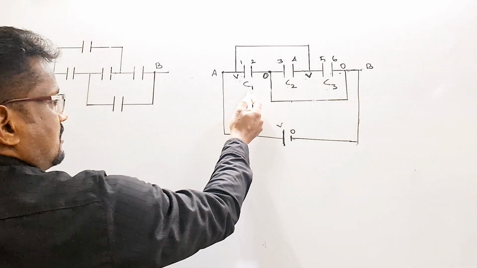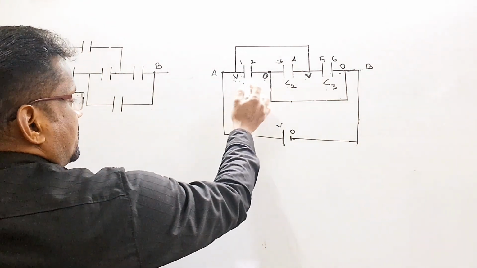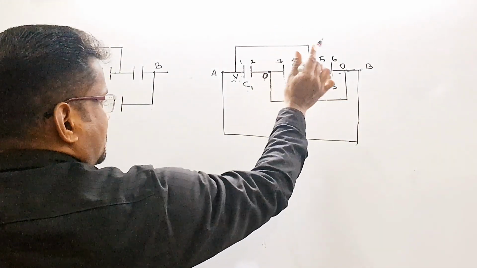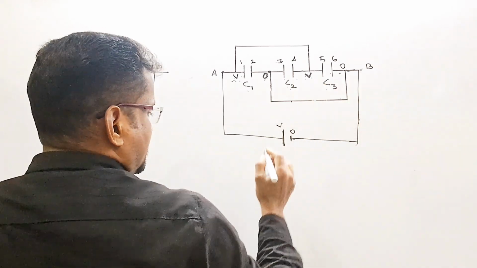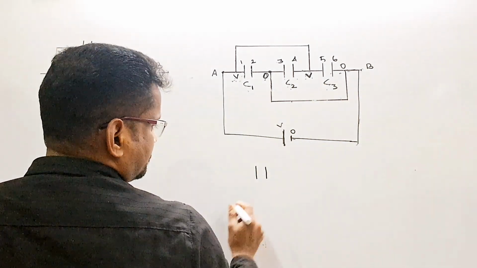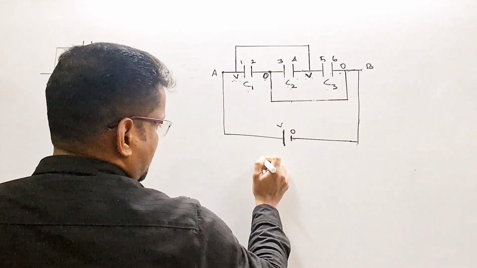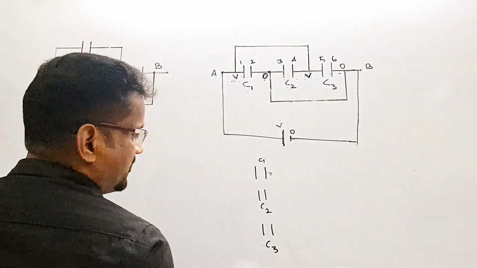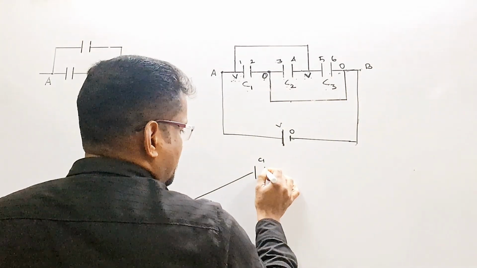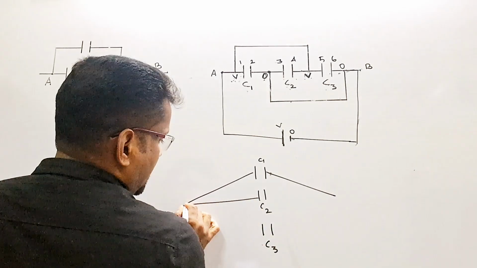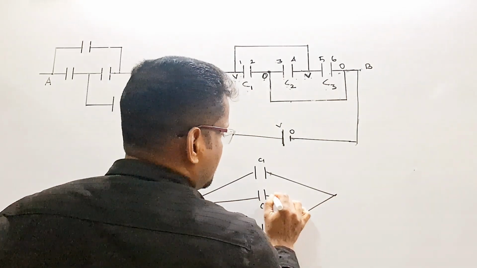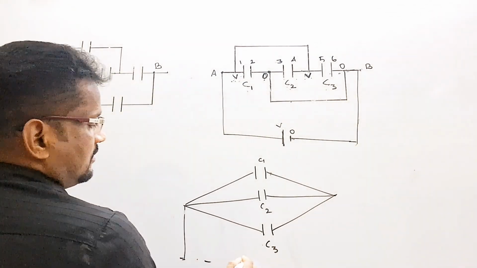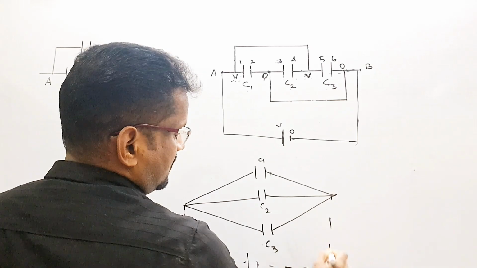Now you see, across C1 the potential difference is V, between V and 0. Across C2, this capacitor, the potential difference is V, and across C3 the potential difference is V. This is C1, this is C2, and the third capacitor is C3. So all these three capacitors have the same potential difference.